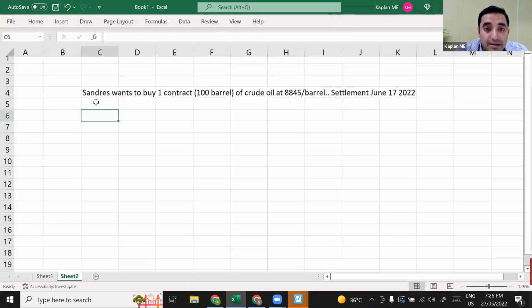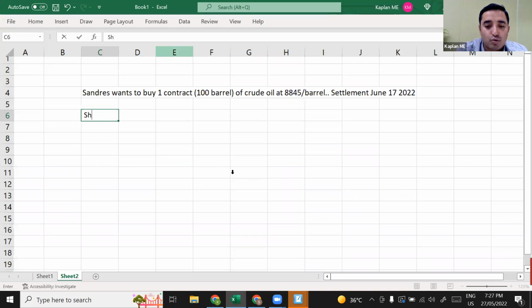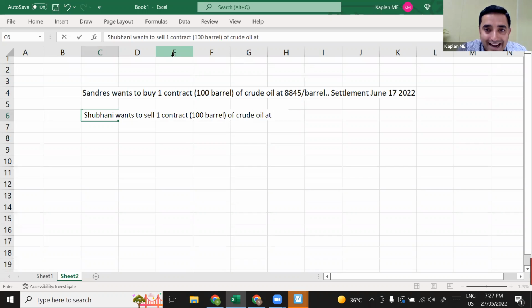Similarly, there's a seller. The seller is definitely going to ask for a higher price. The seller is also ready to enter into a contract. Let's call the seller Shubhani. So Shubhani wants to sell one contract, which is 100 barrels of crude oil at 8846 per barrel.